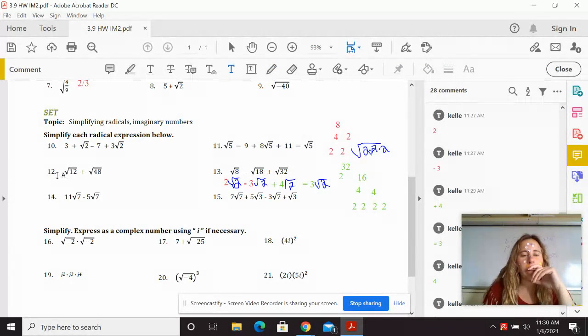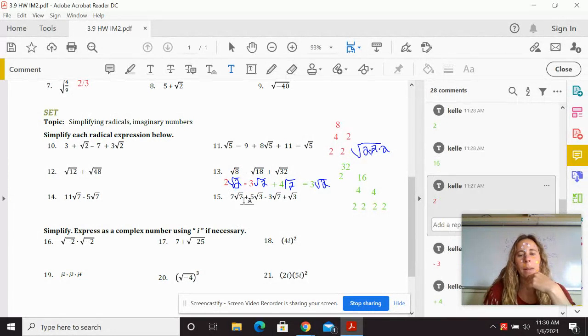Okay, so 12 is similar, break them down, and then combine the like terms. In order to add them together, they have to have the same root.